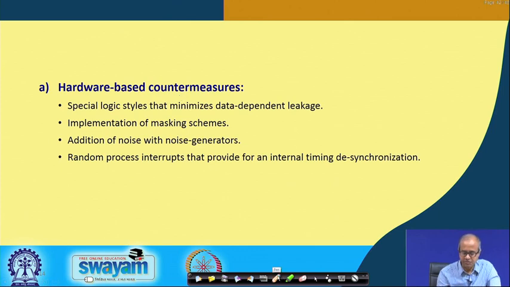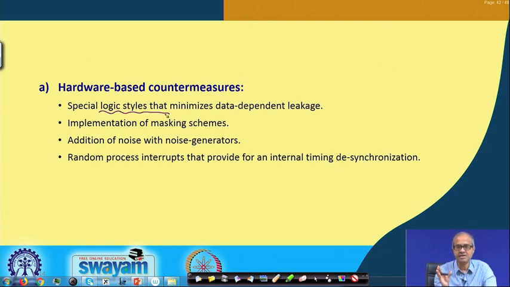For hardware based countermeasures, you see there are some logic design styles. Here I am talking about IC design. Normally we design our IC chips using CMOS. In CMOS also there are various design styles, dynamic, under dynamic also there are several types, static.